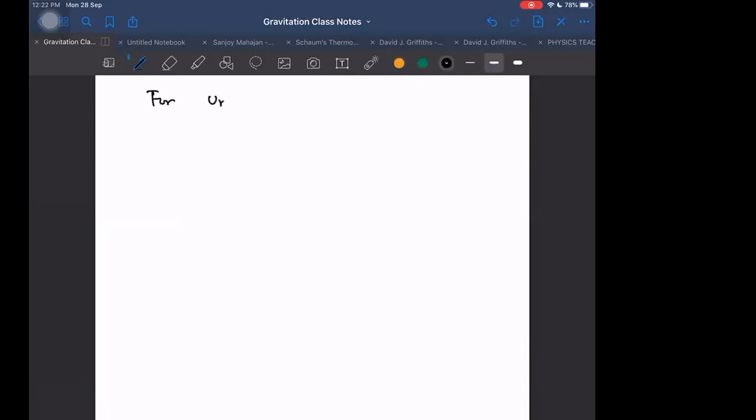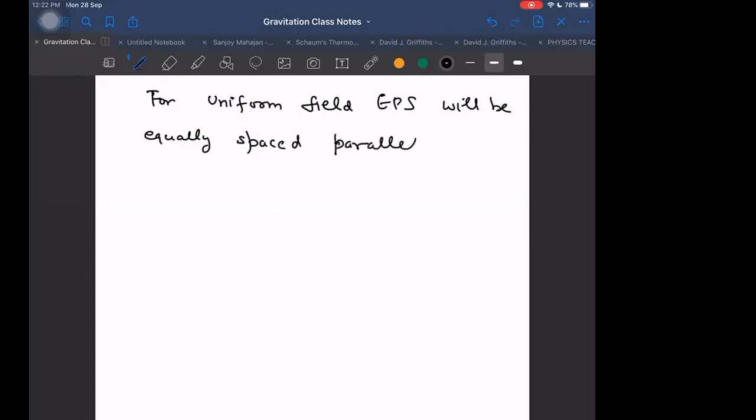For a uniform field, the equipotential surfaces (EPS) will be equally spaced parallel planes.